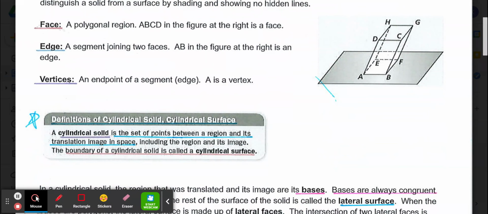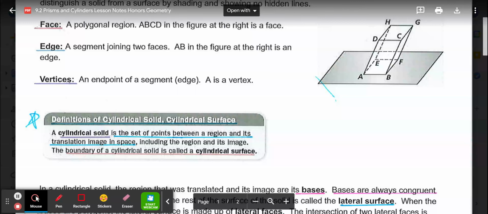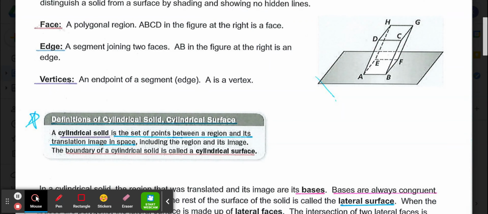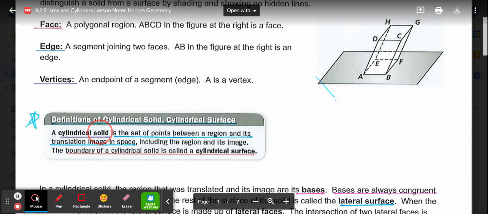So that idea of surface and solid builds into our definitions here in this box. A cylindrical solid is the set of points between a region and its translation image in space.